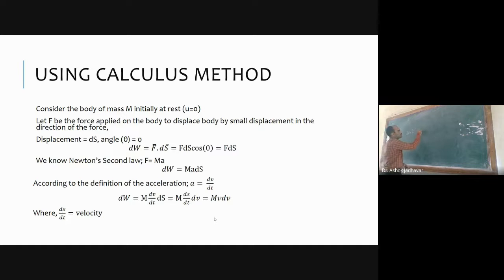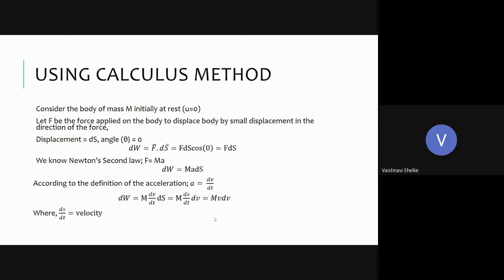We can determine its dot product as F ds cos theta. Cos theta equals 1 as theta is 0. So we can write directly that the small work done will be F ds. Did you get it? Yes, sir.